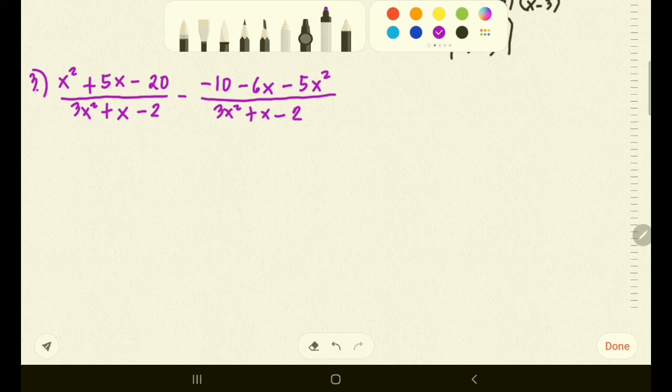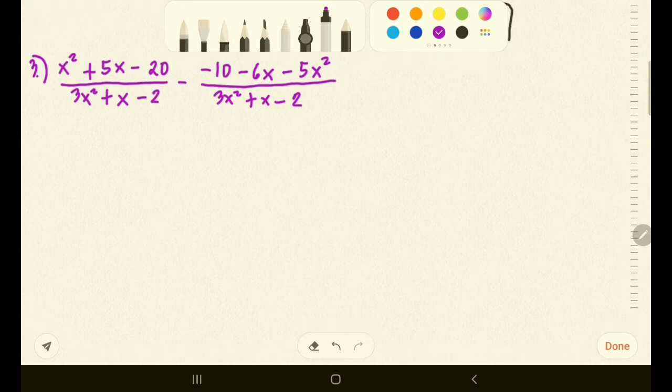Okay. So you have here x squared plus 5x minus 20 all over 3x squared plus x minus 2, minus negative 10 minus 6x minus 5x squared all over 3x squared plus x minus 2.